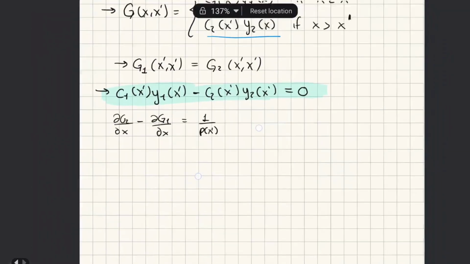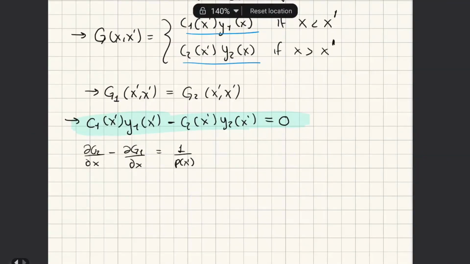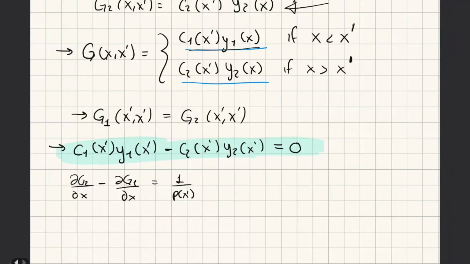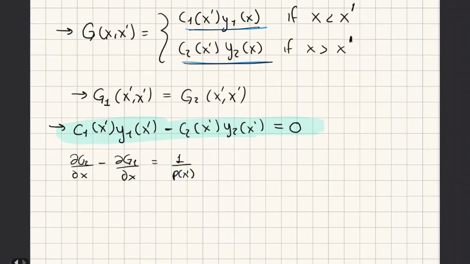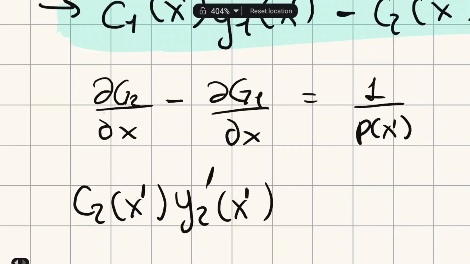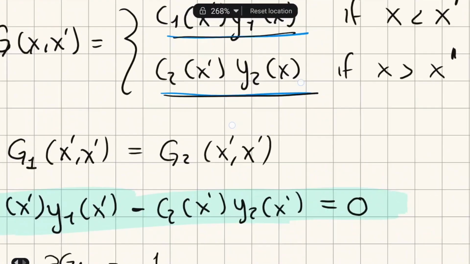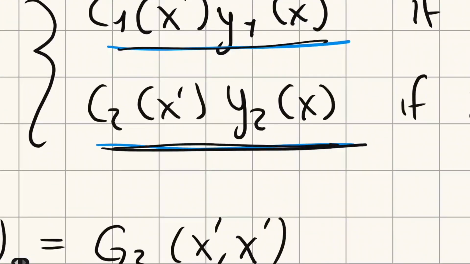Okay, but we know what is the shape of g2 and g1. This is g1, this is g2, and we will have that c2 of x prime, y2 of x prime, and the derivative, right? So recall that we are taking the derivative with respect to x of g2, but with respect to x we only have one function. In this case, c2 will be considered a constant because it's not a function of x.